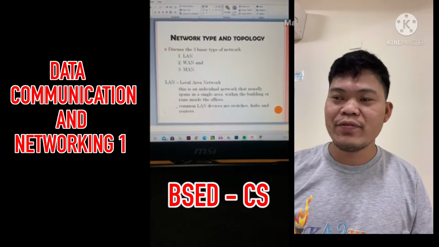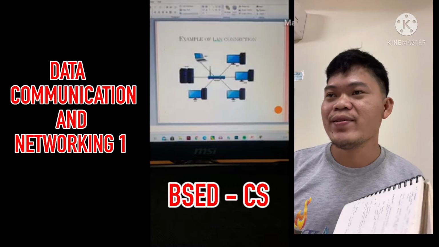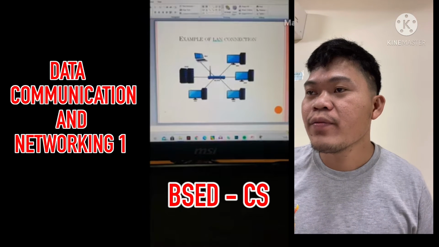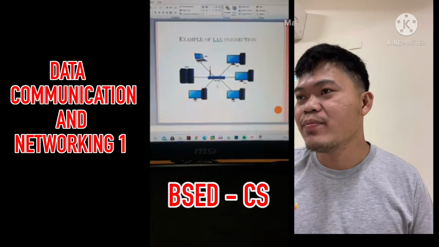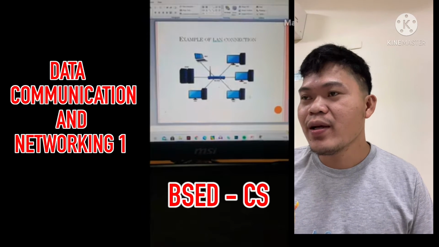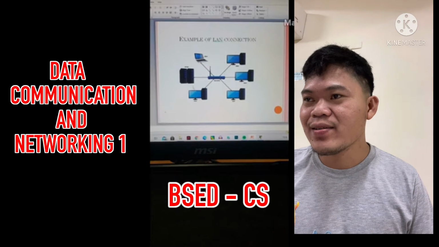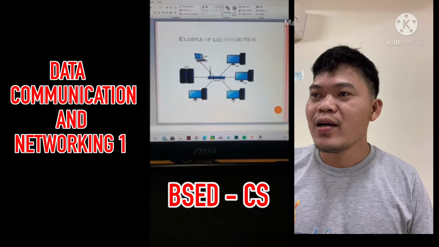Here is an example of a LAN connection. As you can see, there is only one hub or switch, and all of the end devices are interconnected in that one hub or switch.